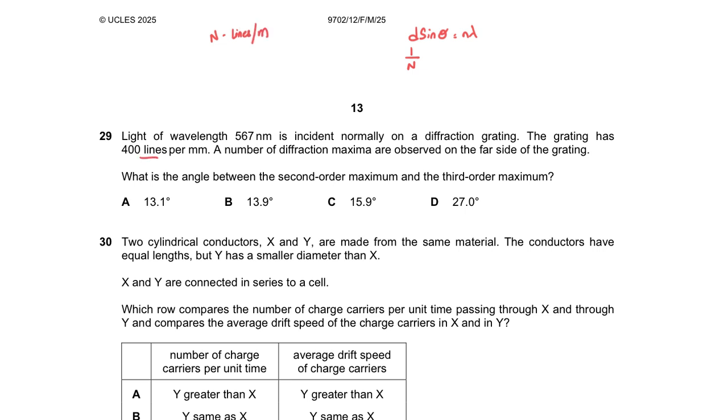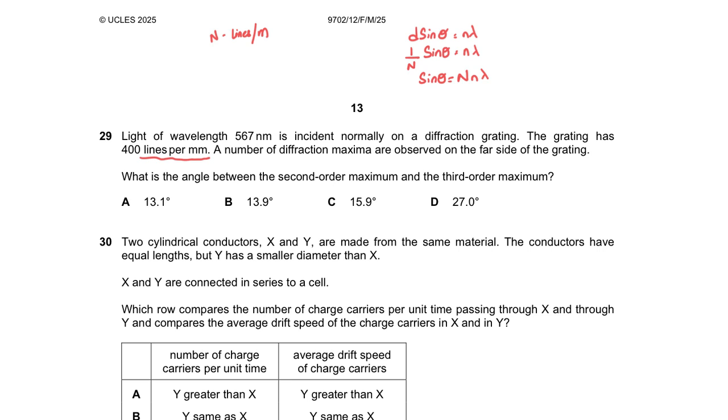We are given the number of lines per millimeter, so we'll have to convert this into per meter. So 1 upon N sine theta equals n lambda, or I can say sine theta equals N lines per meter multiplied by lowercase n, which is the order number, multiplied by lambda.